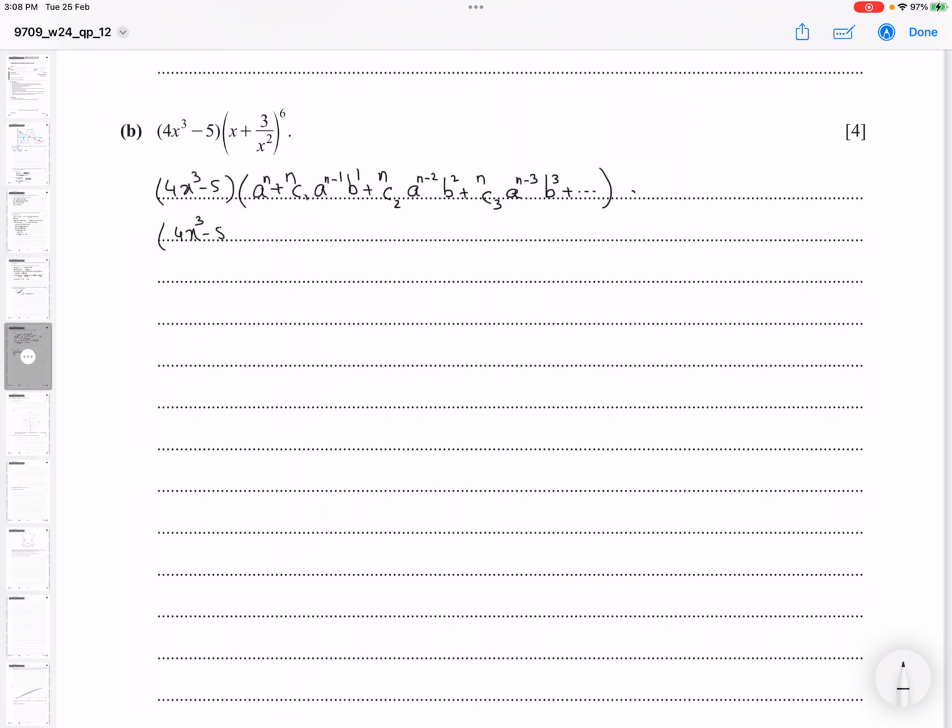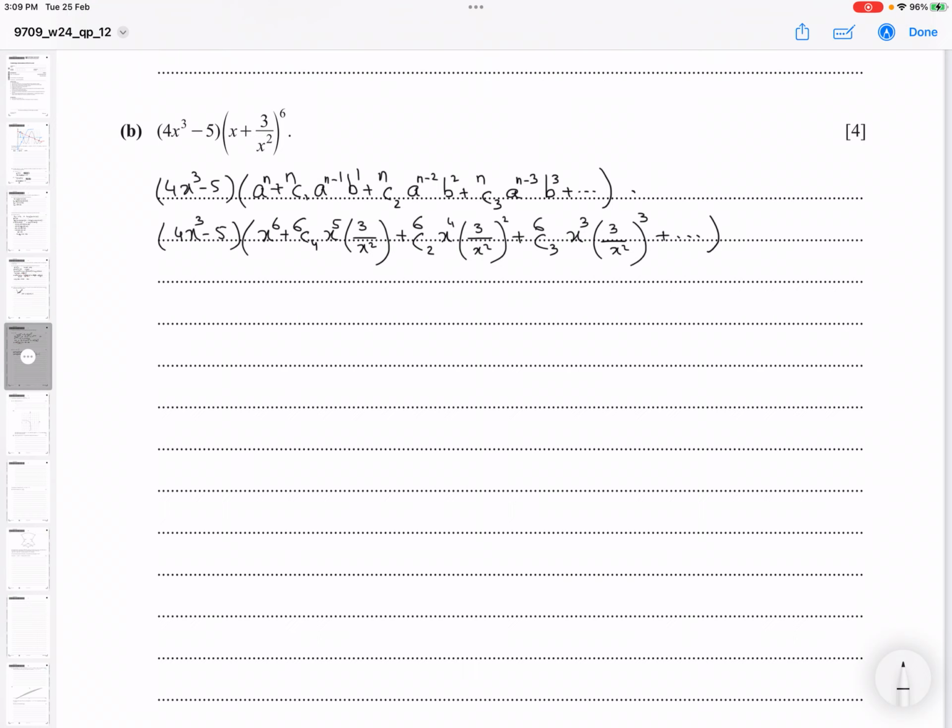So 4x3 minus 5, and now my a is x power 6 plus 6C1, x power 5, n minus 1 would make it x power 5, b power 1, which is 3 over x squared, plus 6C2, x power 4, n minus 2 will make it x power 4, and b power 2, which is 3 over x squared whole power 2, plus 6C3, x power 3, and 3 over x square whole power 3, plus dot dot dot, bracket closed.